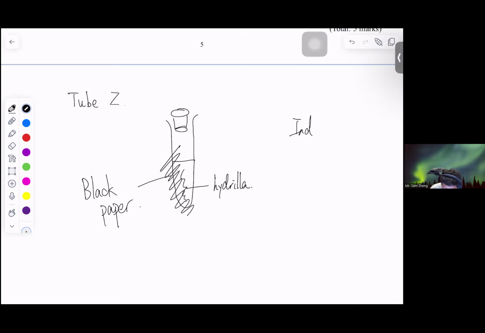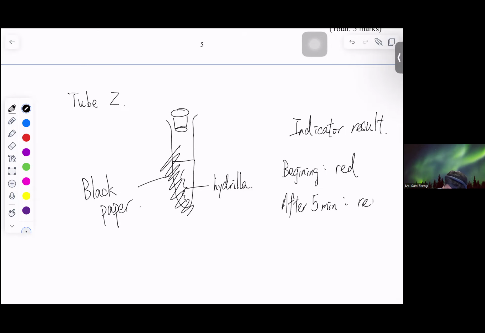Then the indicator results show us that at the beginning it is red in color. But after 5 minutes, what happened? It is also red in color.